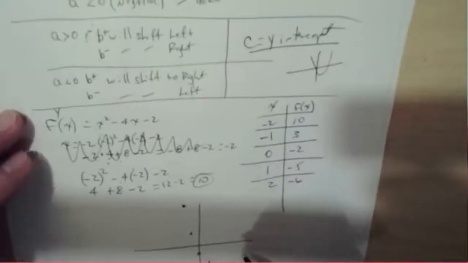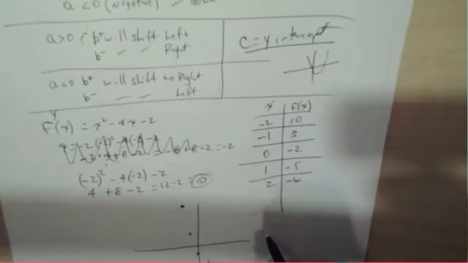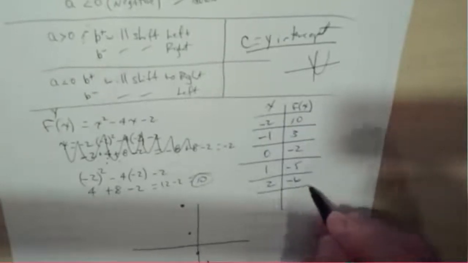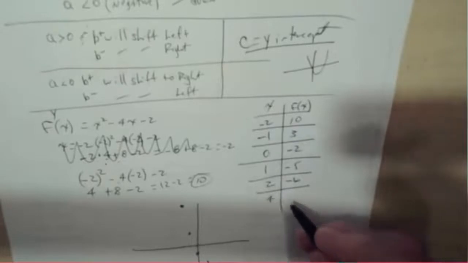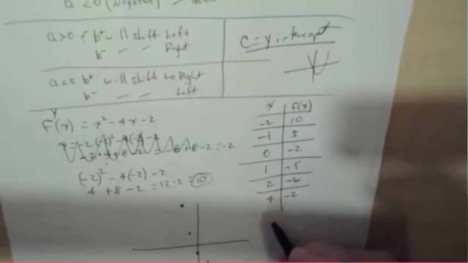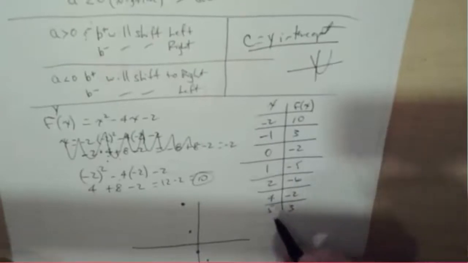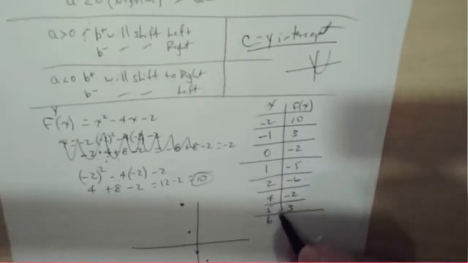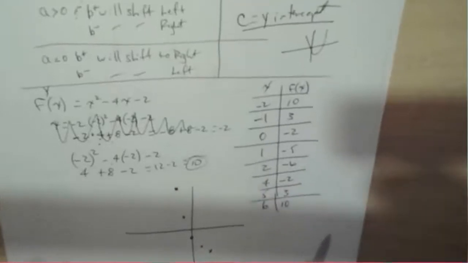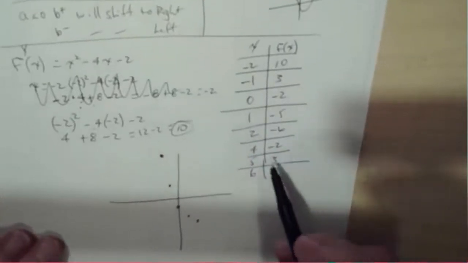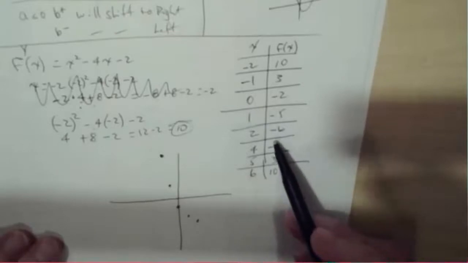That's going to be, well, I didn't do enough. Let's see, 2. 4 is -2. 5 is 3. And 6 is 10. Right? Right. Okay, so let's see, what did we do?